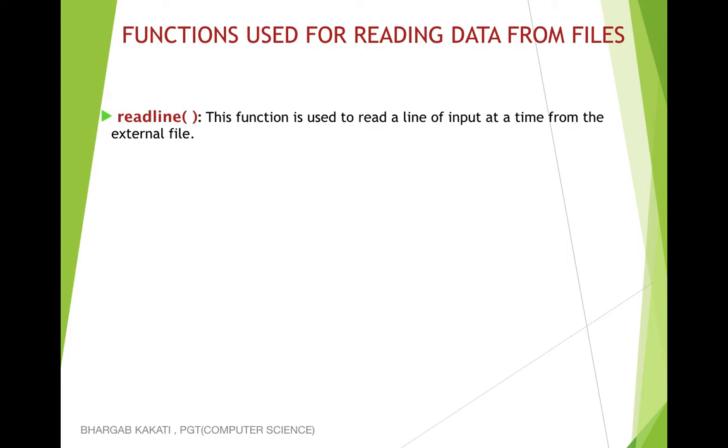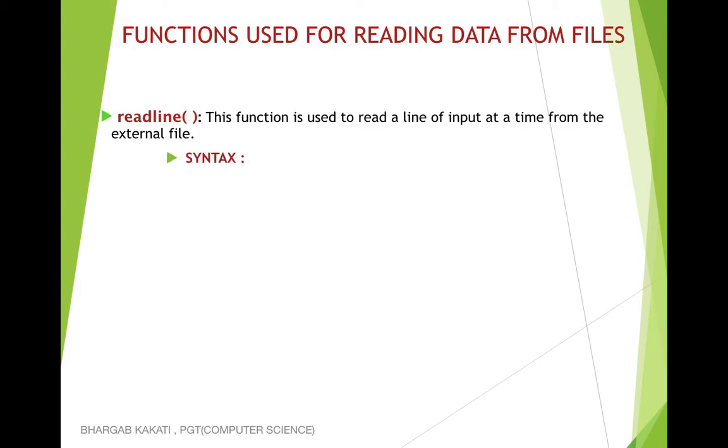From this name only, it is evident what the readline function will do. This function is used to read a line of input at a time from the external file. Now if you want to read the Python program line by line, that means one line at a time, then you have to use the readline function.